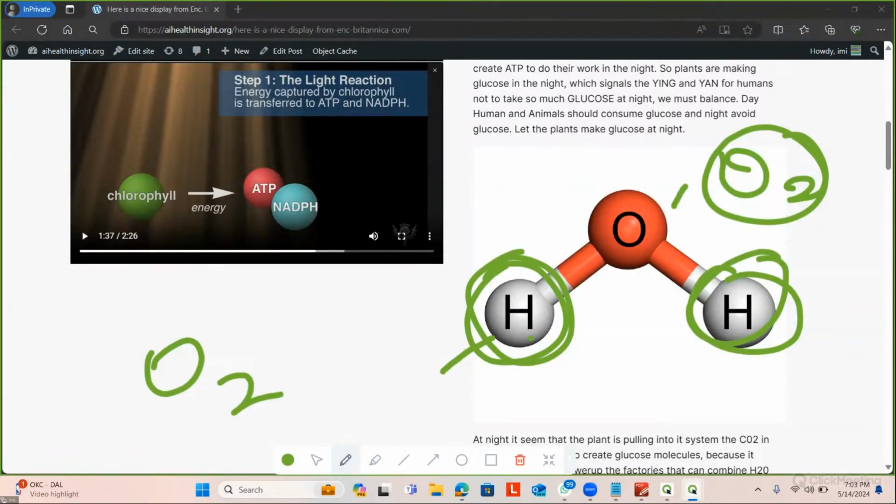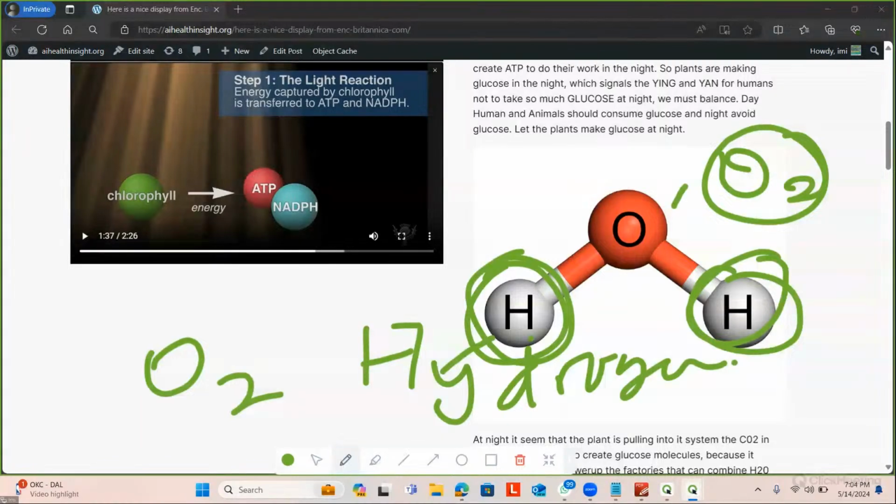Hydrogen. The smallest molecule in the world is called hydrogen. So in this whole thing here, ATP is split in water to make oxygen and hydrogen.